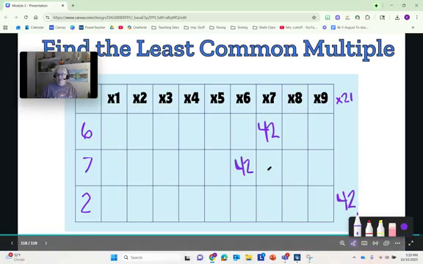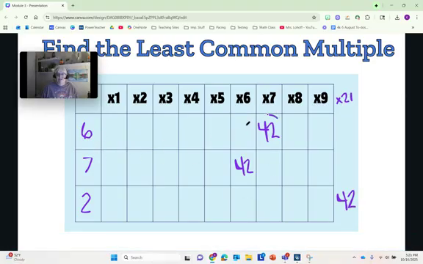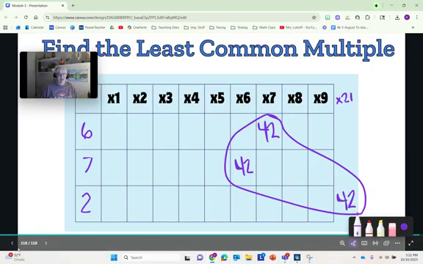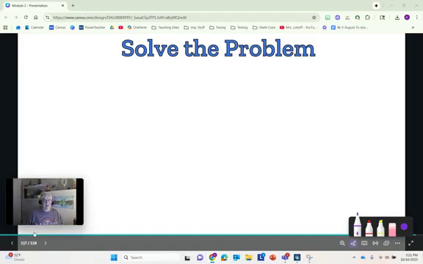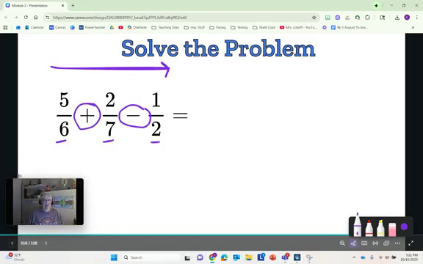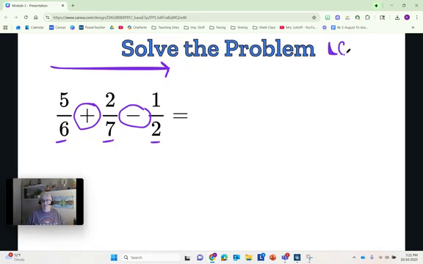That wasn't as hard as we thought because we already did the work for these two numbers. Our least common multiple is 42 again. Oh, sweet. I think I have to move me back down here. Yep. Okay. I run out of room on this one. Least common multiple is 42.